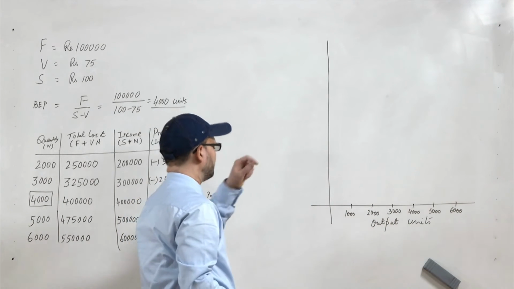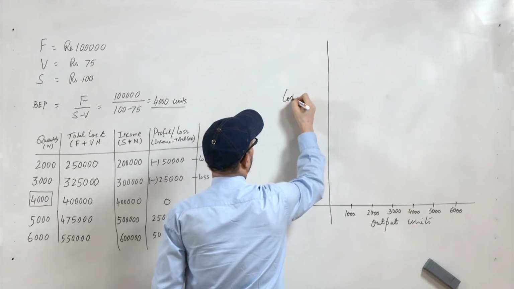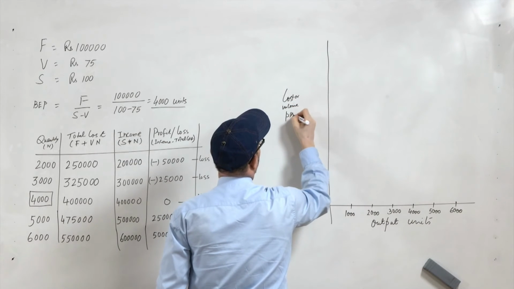Now, on this side we will have cost or income per unit of the item.